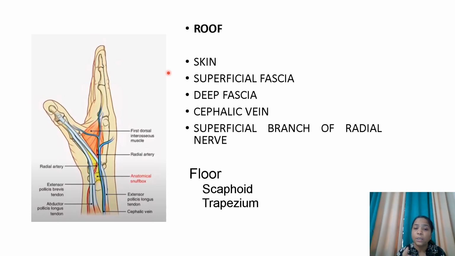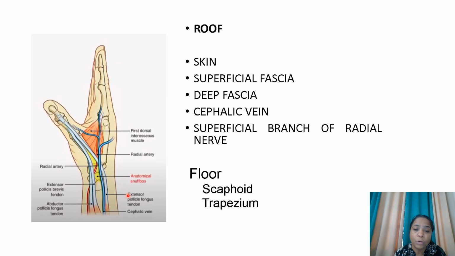In this roof runs the cephalic vein, and the superficial branch of the radial nerve also lies in the roof of the anatomical snuff box. So in the roof there are two important contents: one is the cephalic vein and the other is the superficial branch of radial nerve.